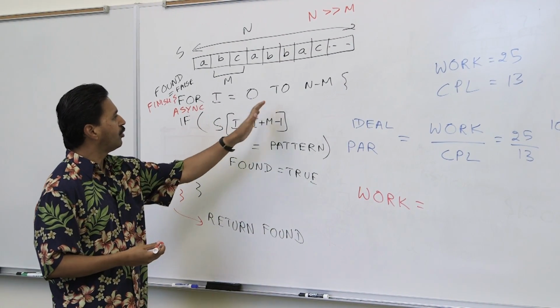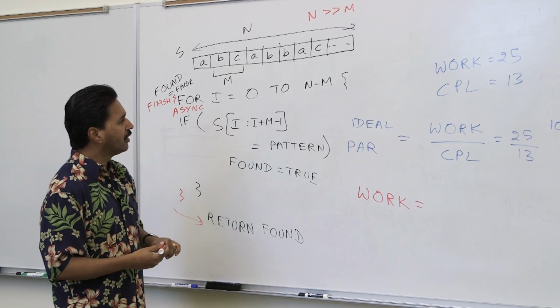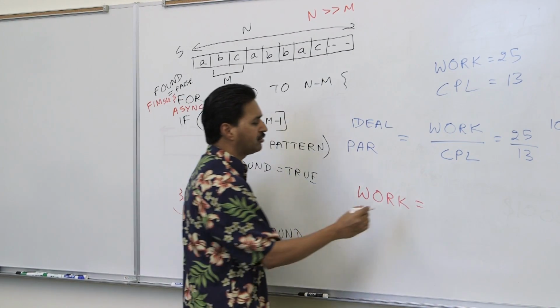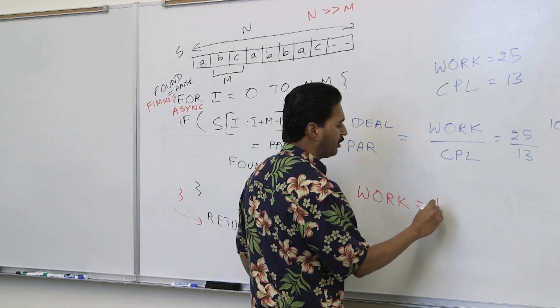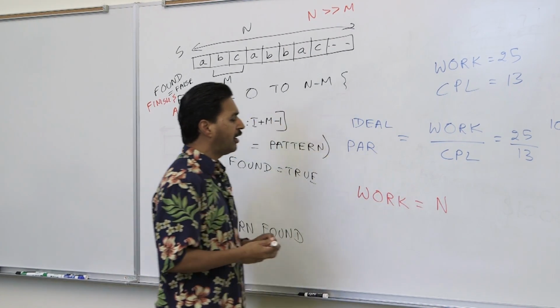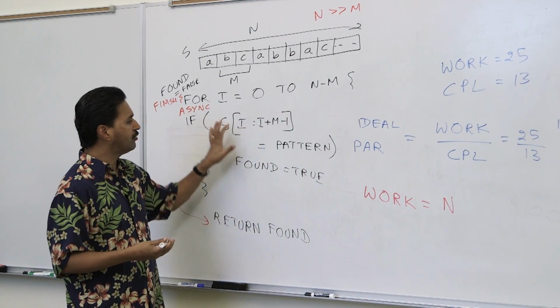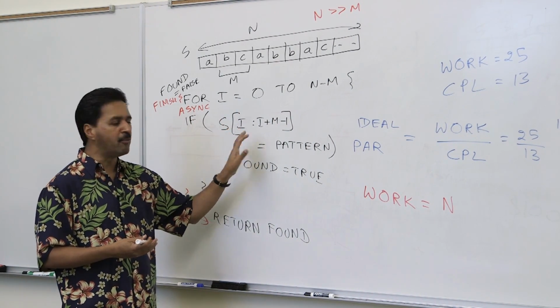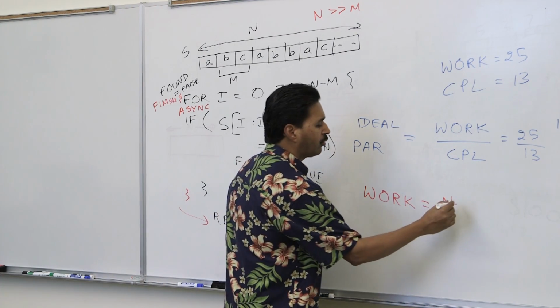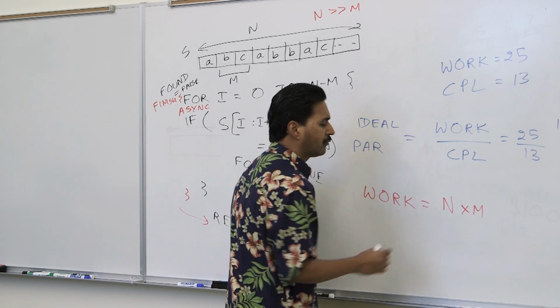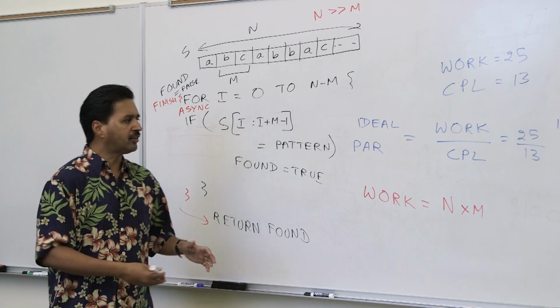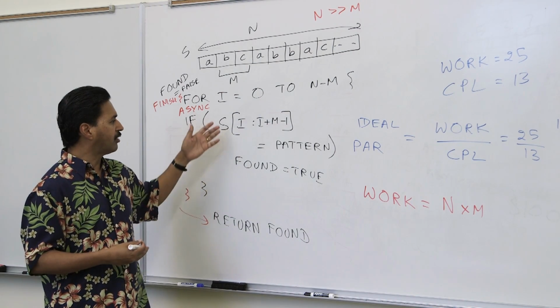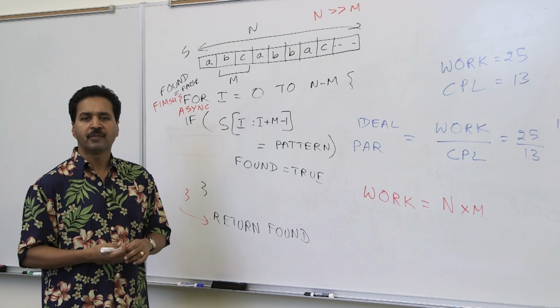So the total amount of work is you have n minus m iterations, which are approximately n iterations of the i loop. And for each iteration of the i loop, we are comparing a pattern of length m. So the total amount of work is n times m. And we can figure this out without even drawing the computation graph. We're just looking at the work going on.